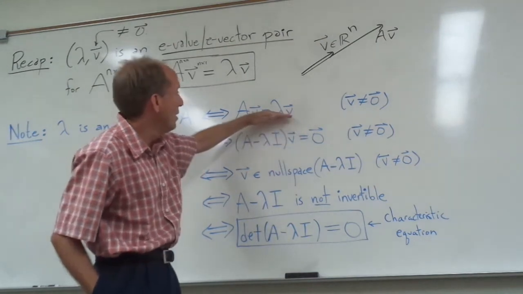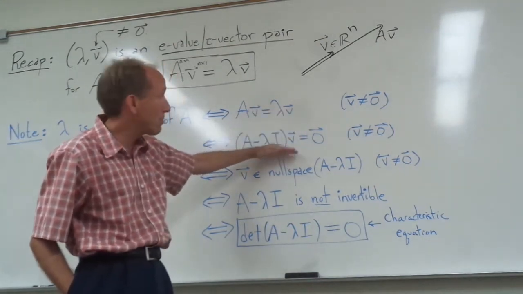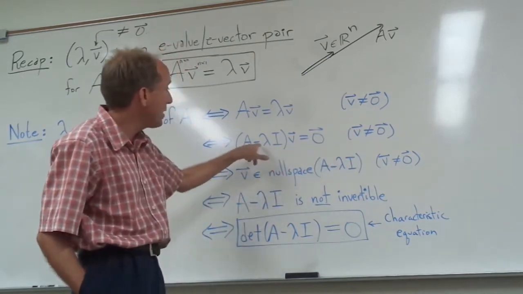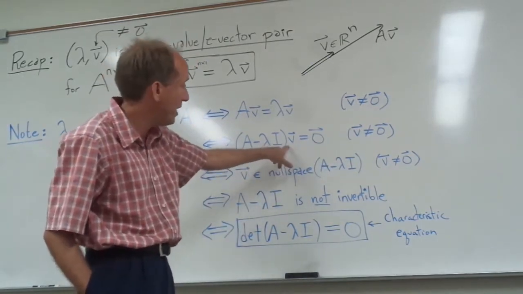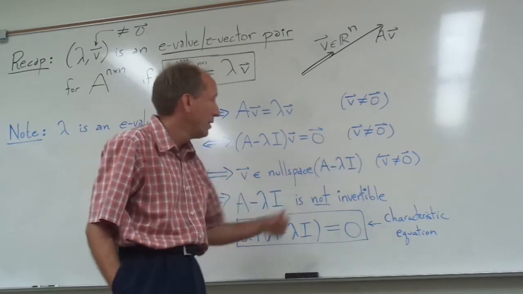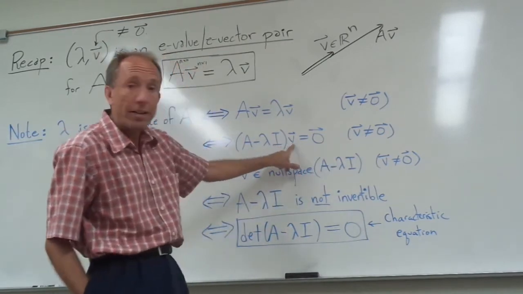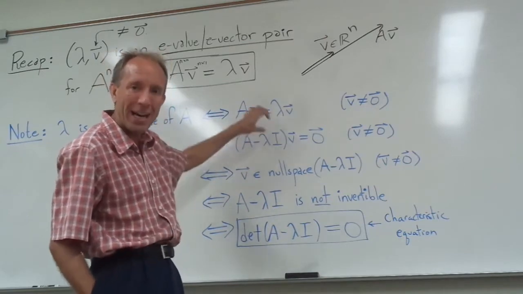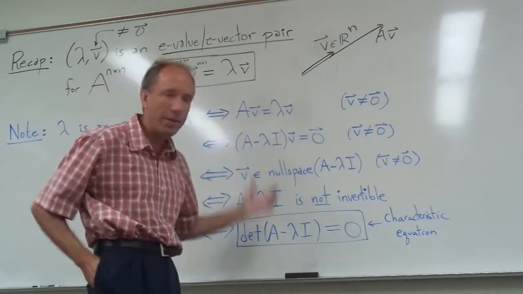I can rewrite that by subtracting everything to the left side of the equation, and I'll get (A minus lambda I) times v equals 0. That means that the vector v is being killed by the matrix A minus lambda I, whatever the lambda is and whatever the v is.